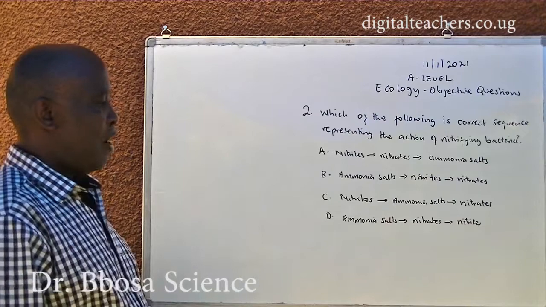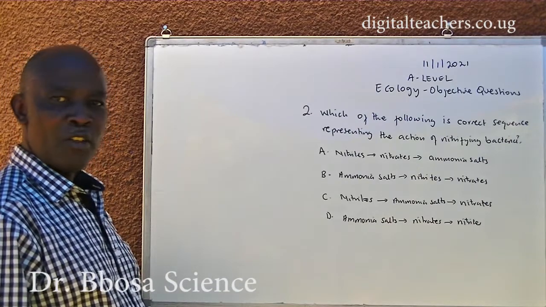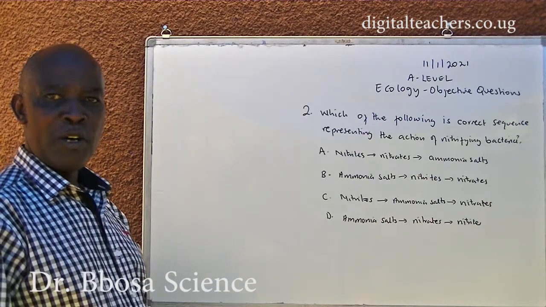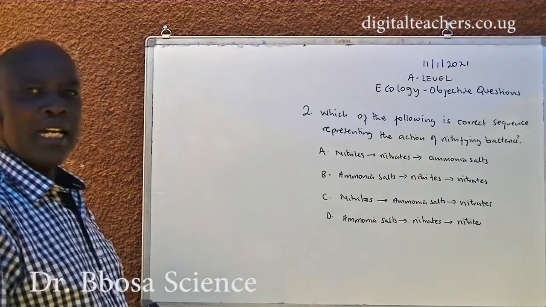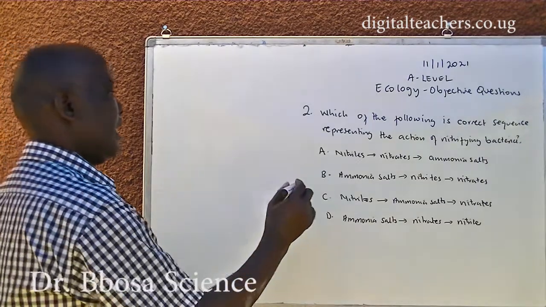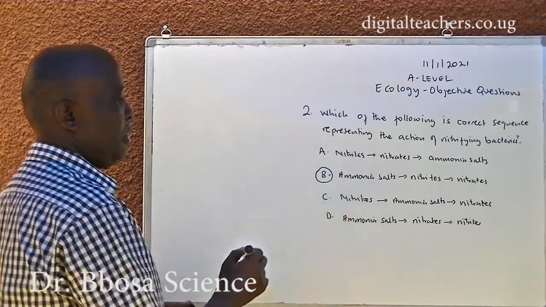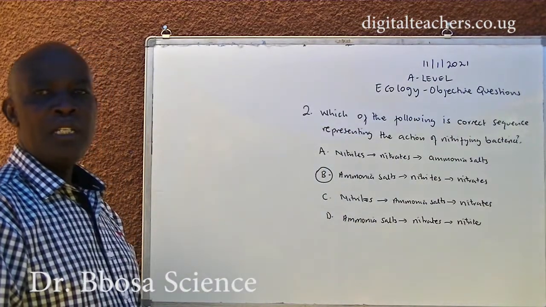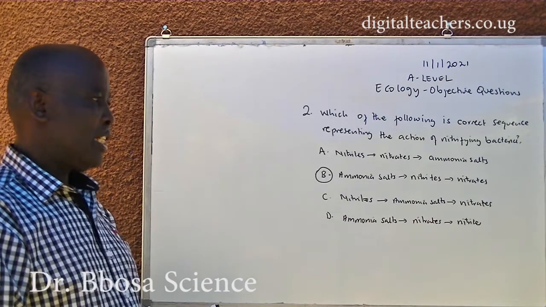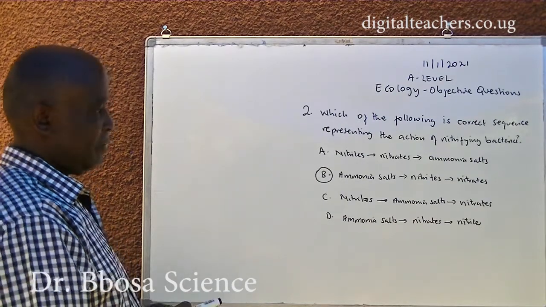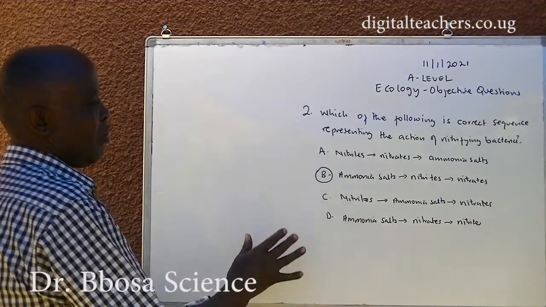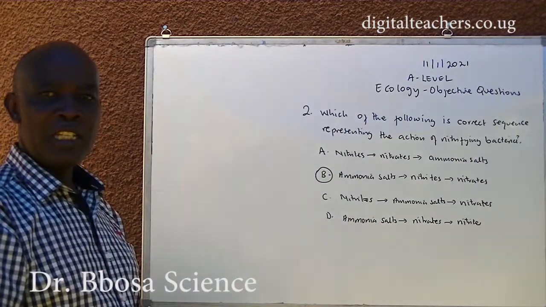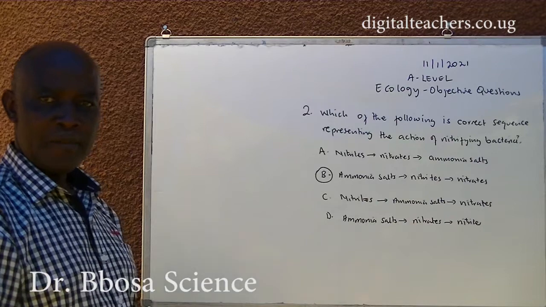D. Ammonia salts converted to nitrates, converted to nitrates. You can pause and answer. The answer is B. Nitrates is the form in which nitrogen is absorbed by plants. So the ammonia salts are oxidized to nitrates, then are oxidized to nitrates.